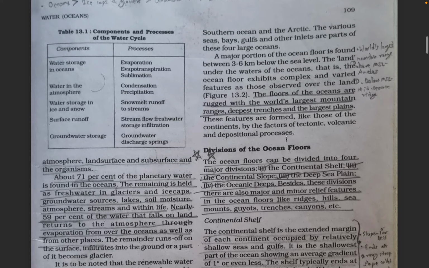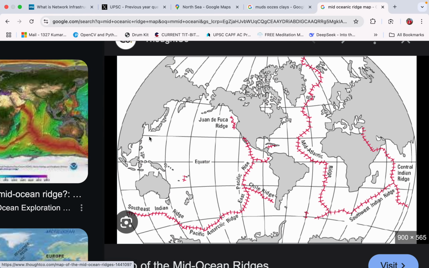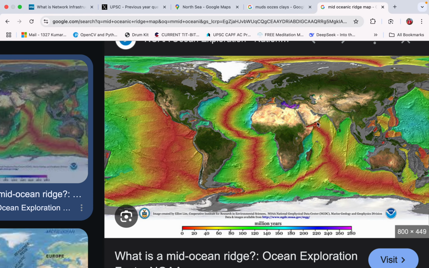So moving ahead, the oceans also have the largest plains. For the plains, we can see that the Ganga Yamuna plain is one of the biggest plains that the world has. And the Pacific Ocean plain is the biggest plain, and it is under the water in the oceans.